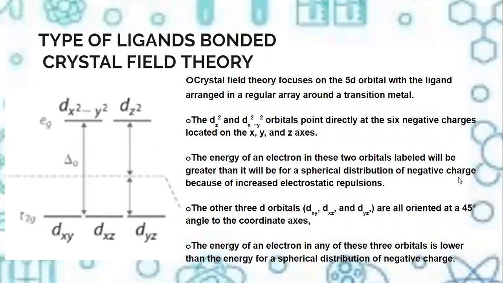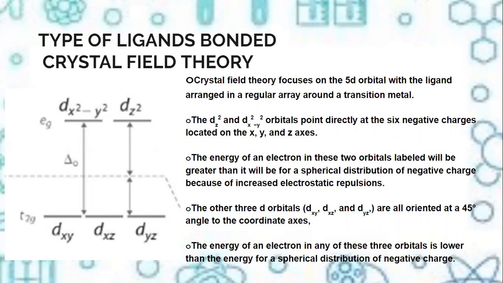Next, the third type of ligand bonding. The crystal field theory focuses on the p orbitals of the ligands arranged in a regular array around a transition metal. The dz2 and dx2-y2 orbitals point directly at the 6 negative charges located on the xyz axes.